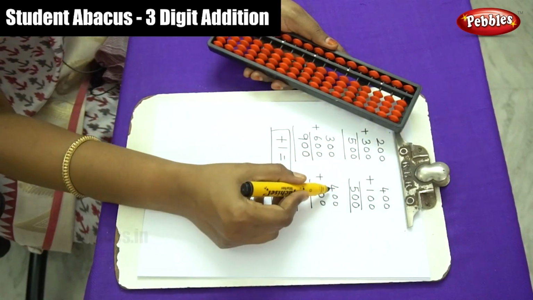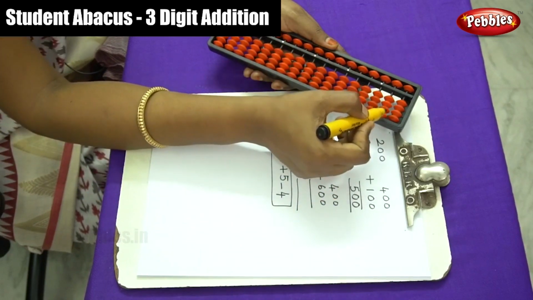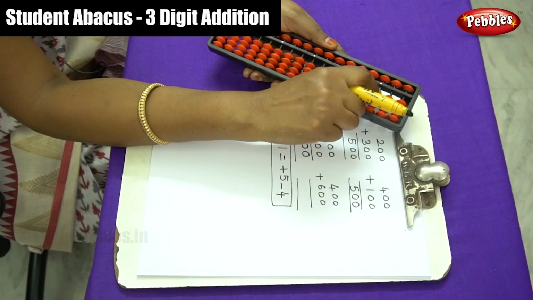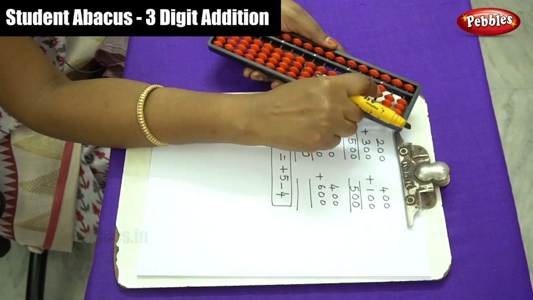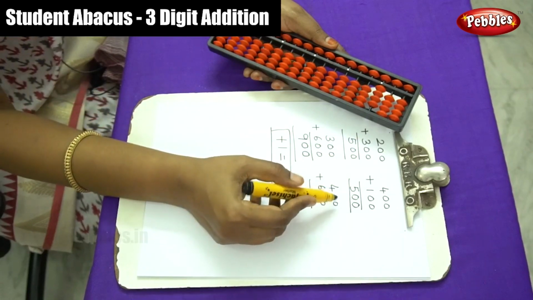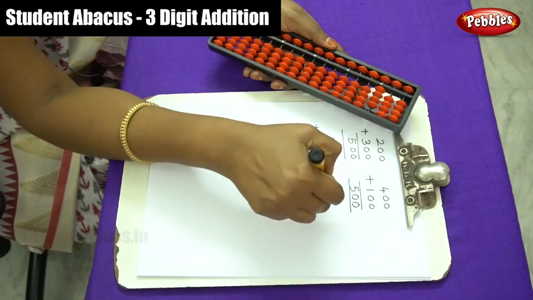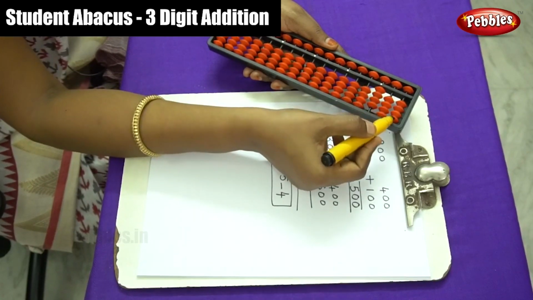And the next sum, the first number is 400. So 0, 0, 4. For this 4, 1, 2, 3, 4. That is 400. And the next number is plus 600. Here 0, 0.